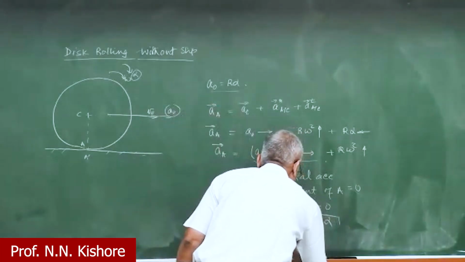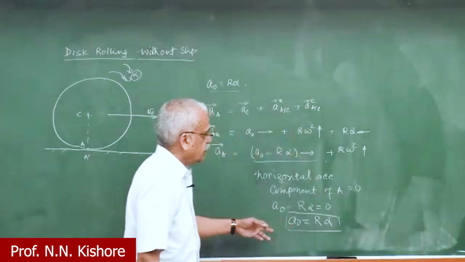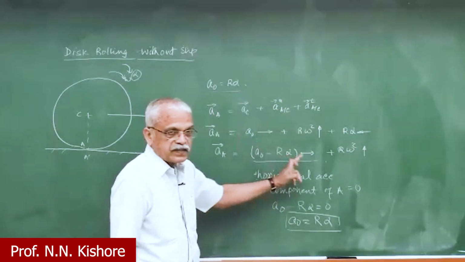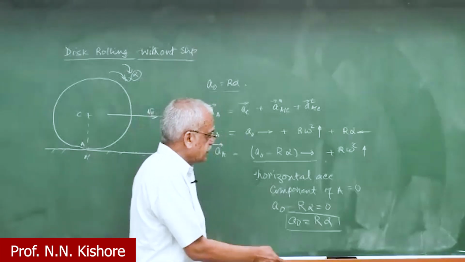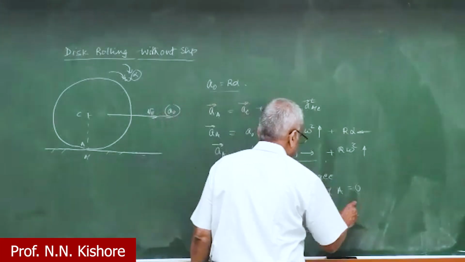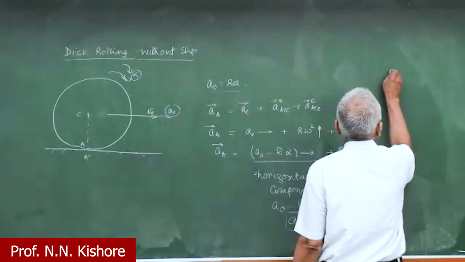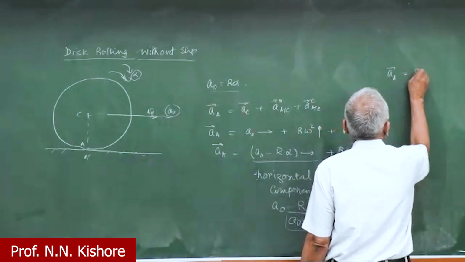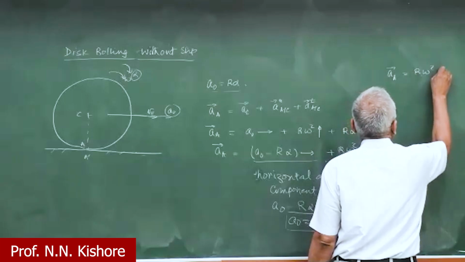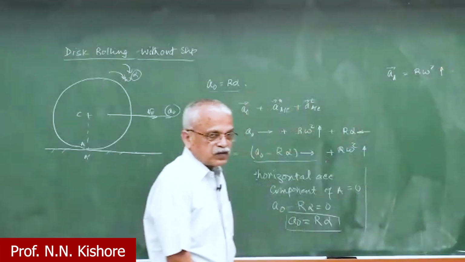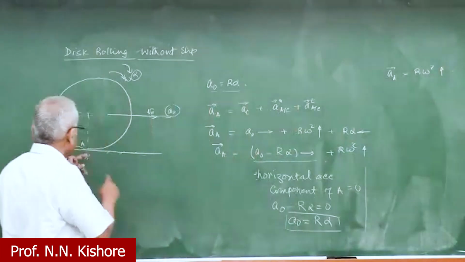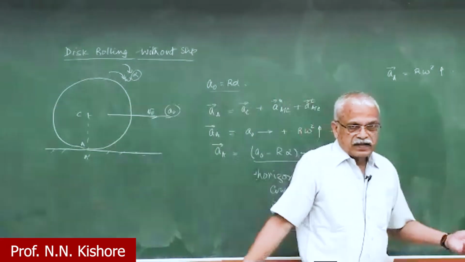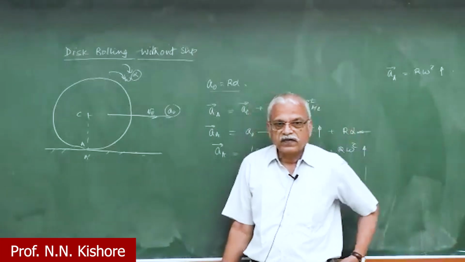Very simple, but the emphasis of this one is our complete analysis. So if you do that, the acceleration of A is left with R omega square. That means this point A is going to have a vertical acceleration, and obviously you can see that.